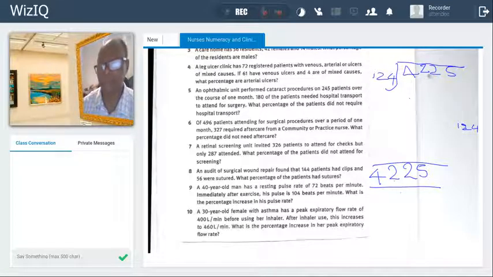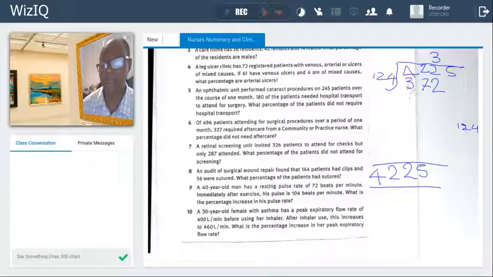124 can't go into 42, so I'm going to take 4225, so 422. Okay, I'll try 3. 3 times 4 is 12. 3 times 2 is 6. 6 plus 1 is 7. 3 times 1 is 3.